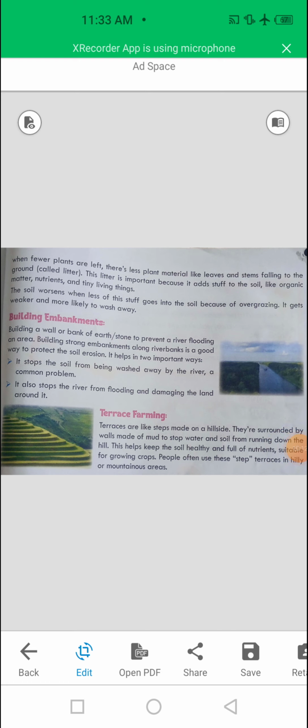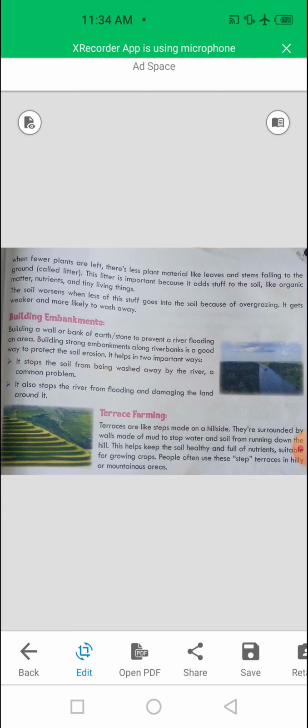Next is terrace farming. Terraces are like steps made on a hillside. They are surrounded by walls made of mud to stop water and soil from running down the hill. This helps keep the soil healthy and full of nutrients, suitable for growing crops. People often use these terraces in hilly or mountainous areas.